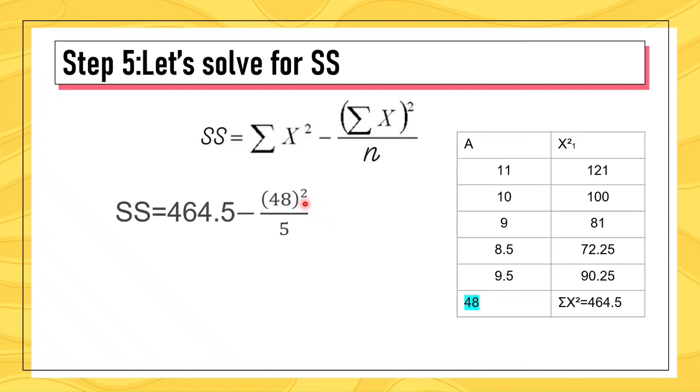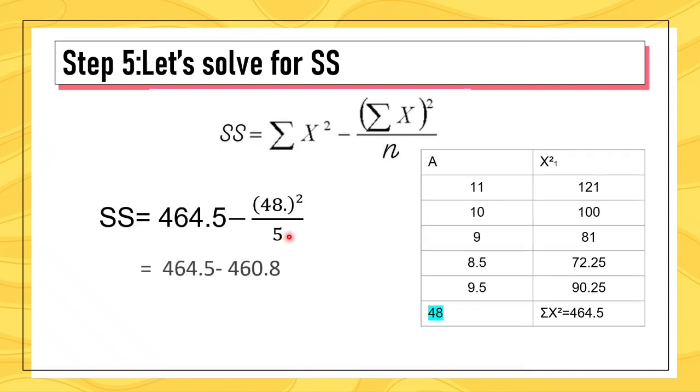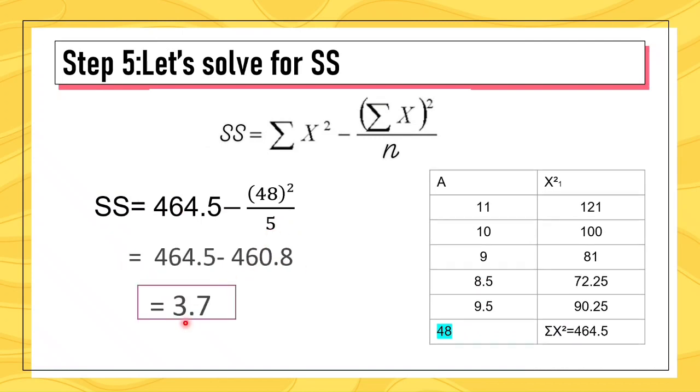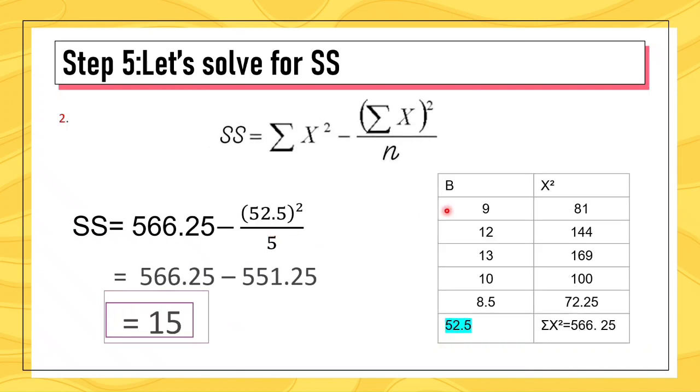So in order to get this, you have to get 48 squared. 48 squared is equal to 2,304, divide it by 5 to get 460.8, and subtract them. Get the 3.7.